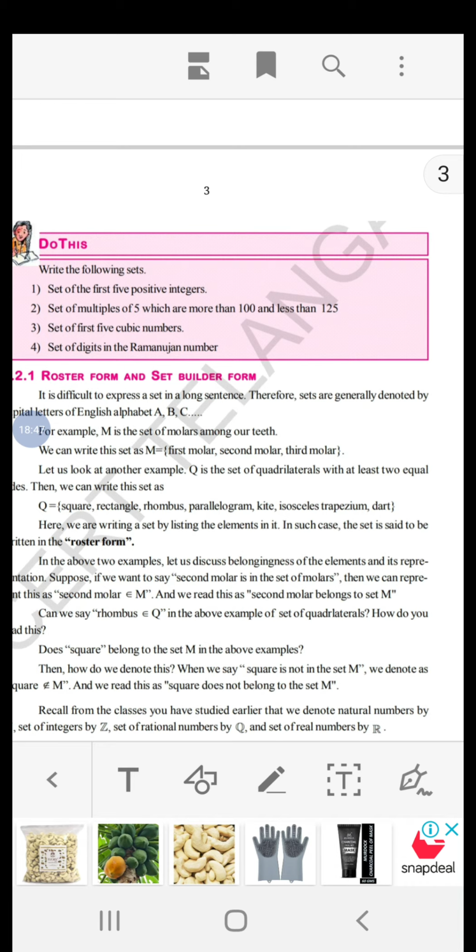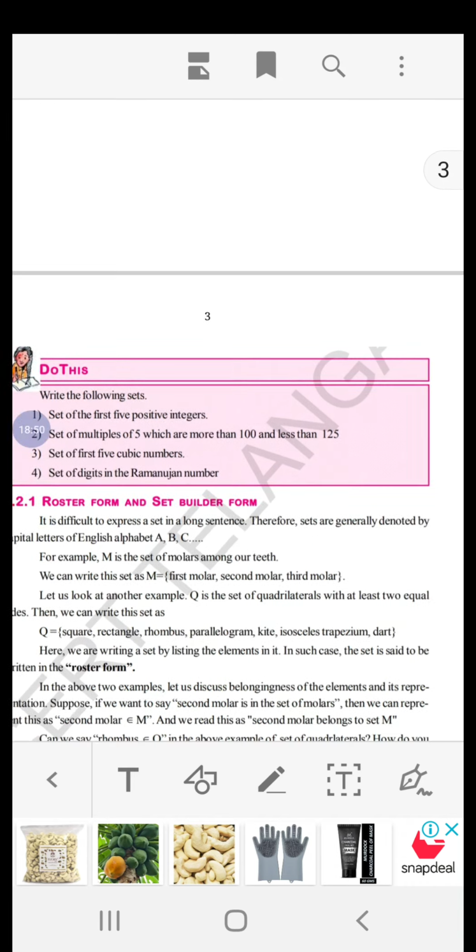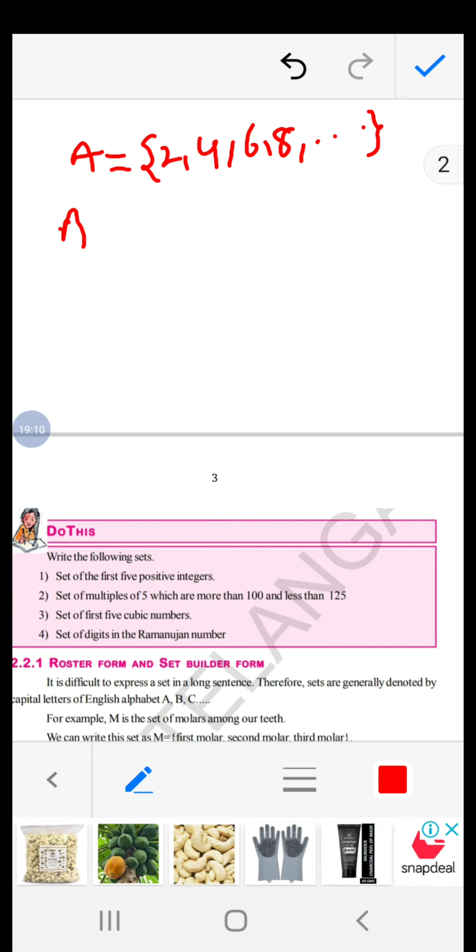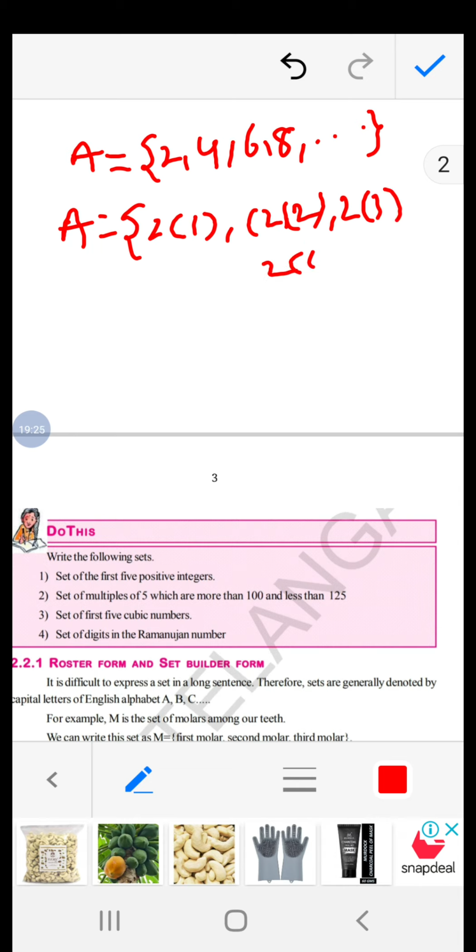The very important point we are now going to learn is set builder form. What does it mean? Suppose I am taking one specific set, A equals 2, 4, 6, 8 and so on. I am writing this set in another form: 2 into 1, 2 into 2, 2 into 3, 2 into 4 and so on.